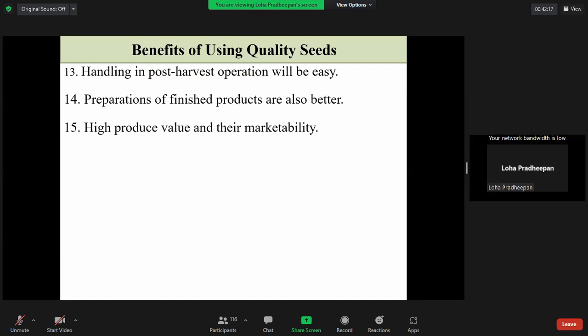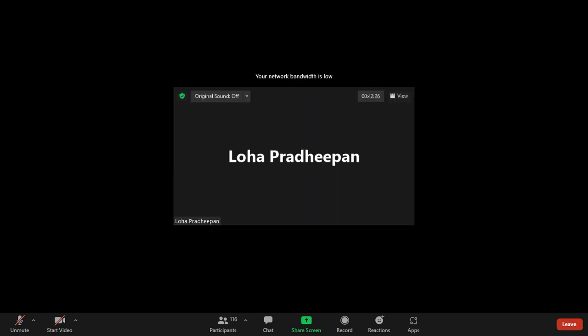So these are the benefits we are having by using the quality seed. Then next we have to look into seed germination.